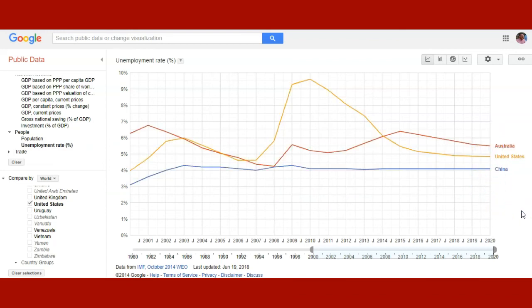We should bear in mind, however, that in the case of all countries, but arguably, particularly in the case of China, the data is not necessarily reflecting reality completely.